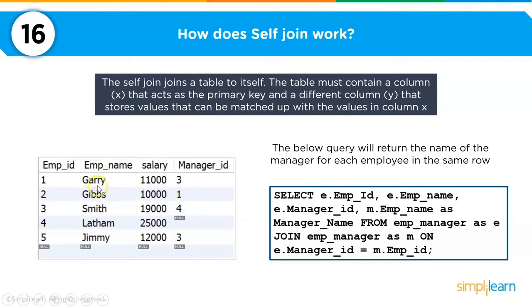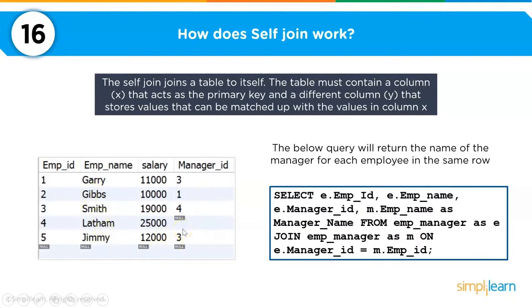So Gibbs' manager is Gary. Similarly, Smith is reporting to the person with manager ID 4 or employee ID 4. We have Latham. So Latham has one employee under him who is Smith. Now Latham in our table has no managers. Then we have Jimmy who's reporting to the employee ID 3 who is Smith.